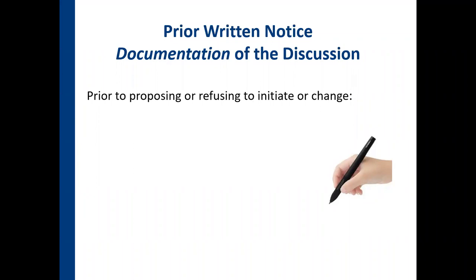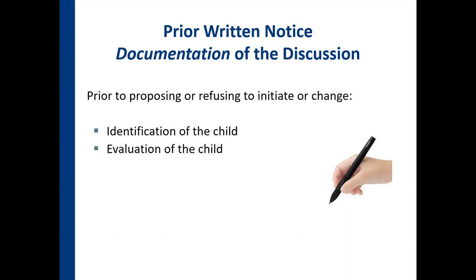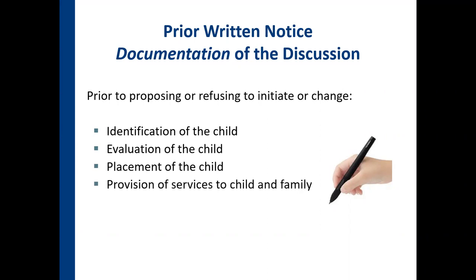It is made to propose or refuse, to initiate or change decisions made about any of the following situations: the identification of the child, evaluation of the child, placement of the child, or the provision of services to the child and family.